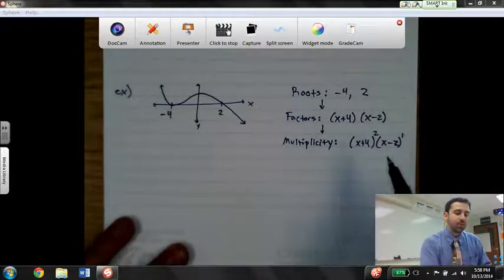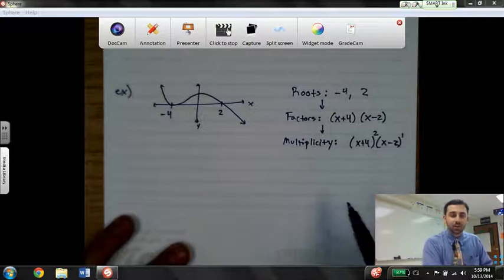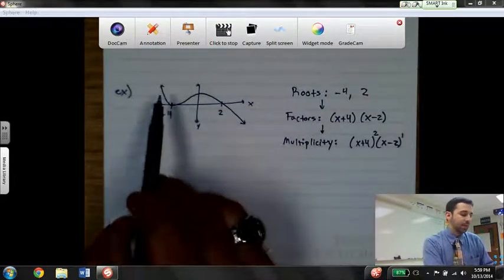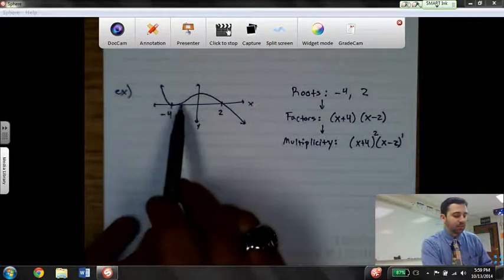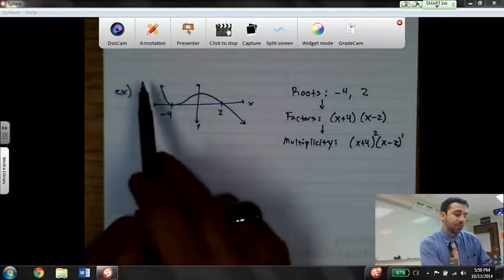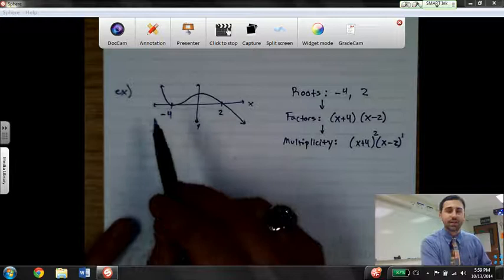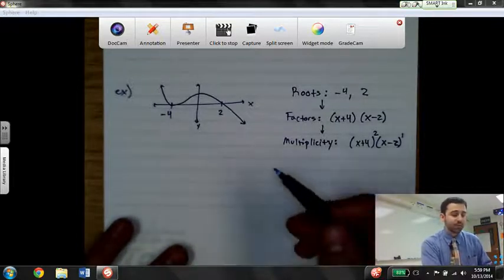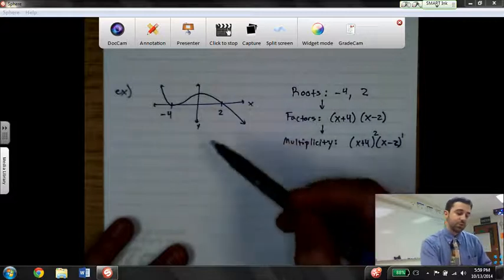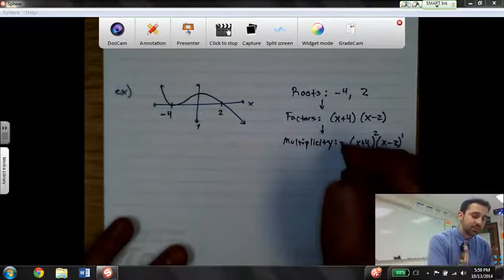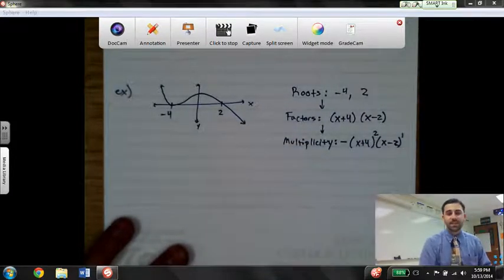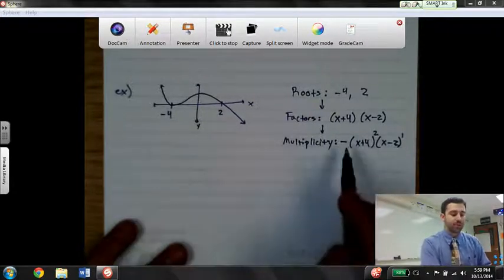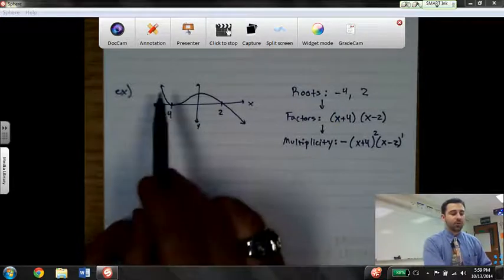But also notice, since this is an odd function, since the end behavior is in different directions, I am falling on the left, or I'm coming in from the left, which is not typical of a positive odd function. So it shows that there's a reflection of the x-axis, which tells me that there needs to be a negative out in front. And this is how we would write the factored form of this polynomial function.